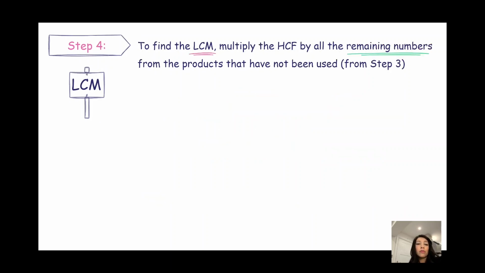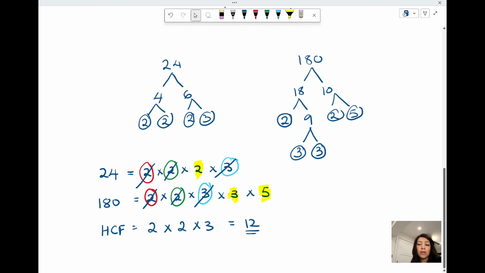We move on to step 4. So to find the LCM, we multiply the HCF by all the remaining numbers from the products that have not been used. That's what we identified in the previous step. So we multiply the HCF by all the remaining numbers.